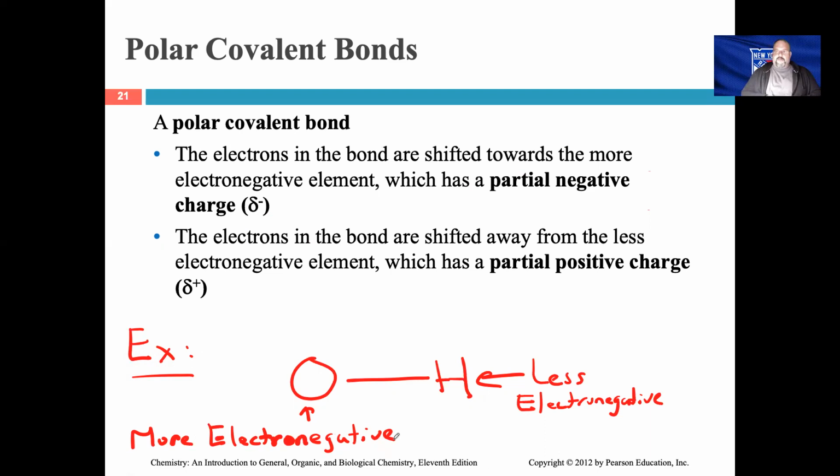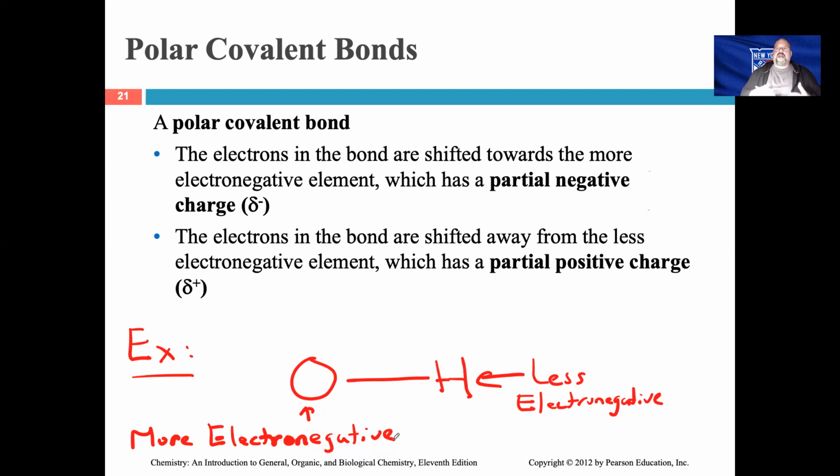So I think the difference is right around 1.4. So in a polar covalent bond, the electrons in the bond are shifted towards the more electronegative element, because that element has more of an attraction for the electrons in that bond. So if it has a higher attraction, the electrons are going to be shifted towards it.